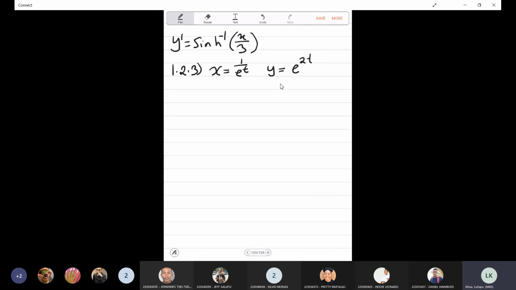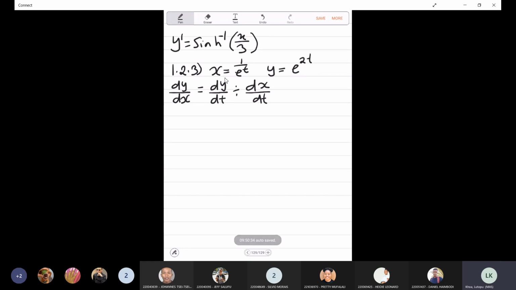So here you need to remember we will use parametric differentiation, and in doing that keep in mind that dy/dx is dy/dt divided by dx/dt.